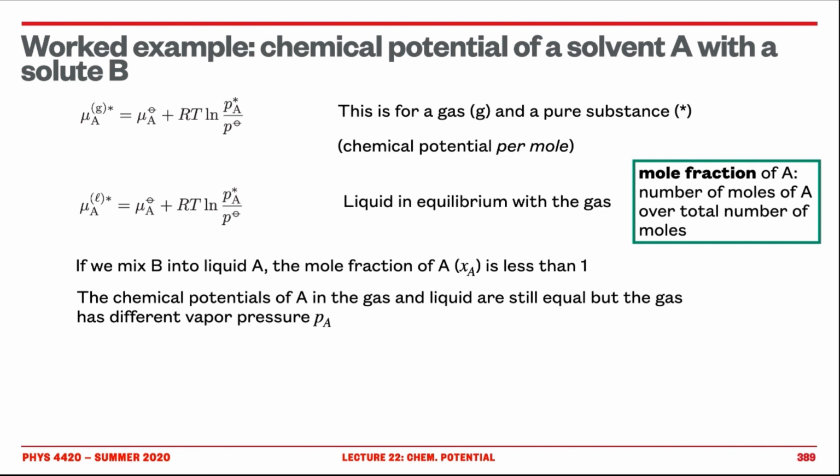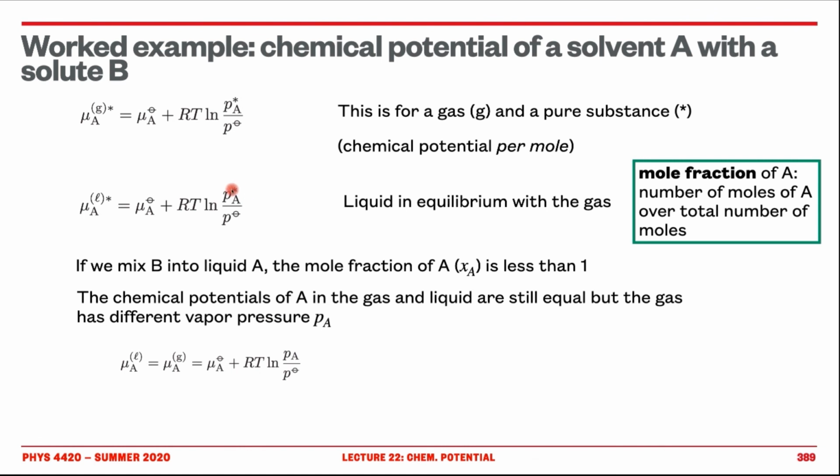So now that we've done this, we're still in equilibrium. This is a different equilibrium, but we are still in equilibrium between the liquid and the gas. And you notice the difference between the notations here is that we dropped the asterisk. And we dropped it because we are no longer in a pure substance. This equation here works when I have molecules B that are dissolved into liquid A. And of course, the right-hand side is still correct, but we have replaced the partial pressure with the actual PA in the solution, right?